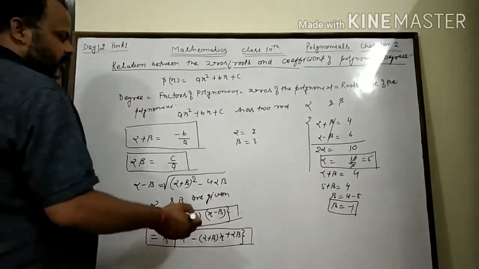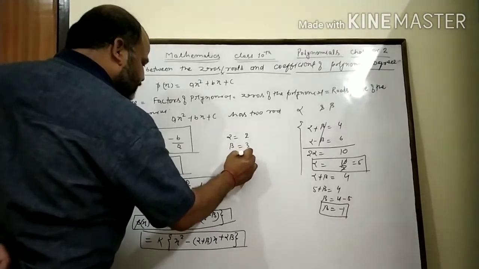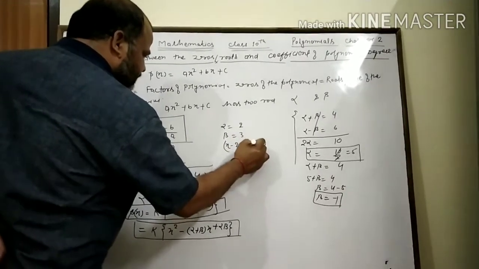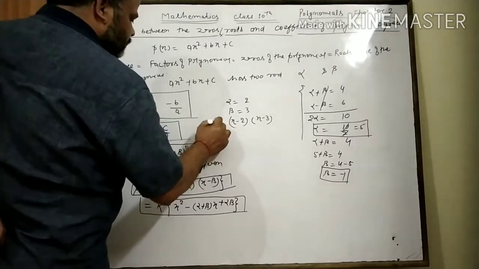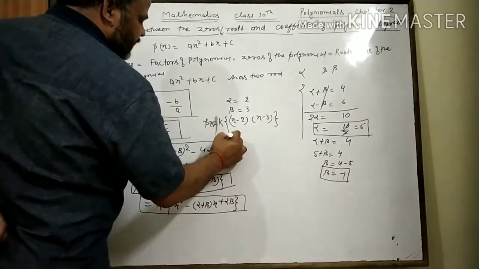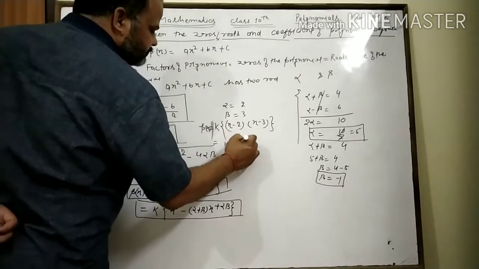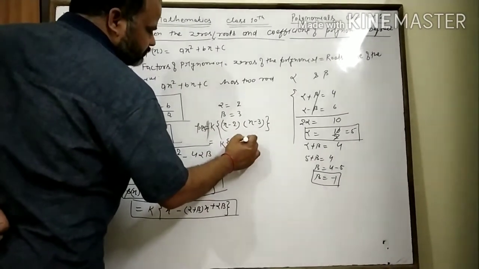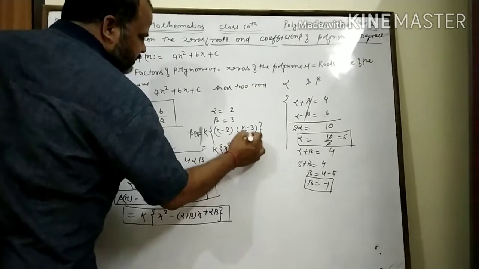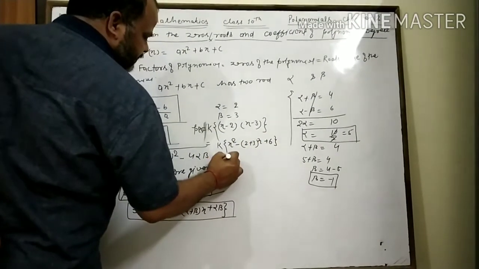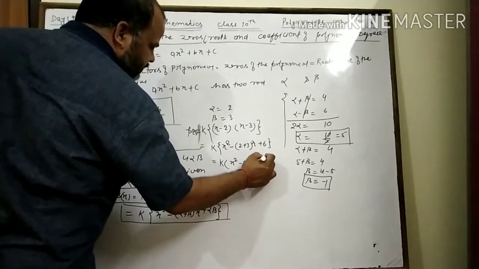Clear? K is any constant. Then here x minus 2 and x minus 3. p(x) is equal to k times (x square minus (2 plus 3) x plus 6), so k times (x square minus 5x plus 6).